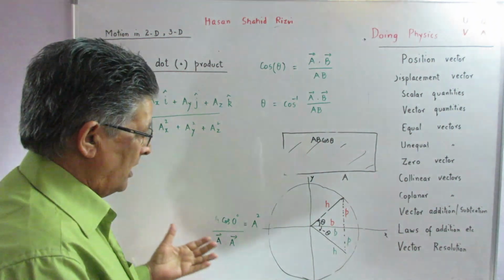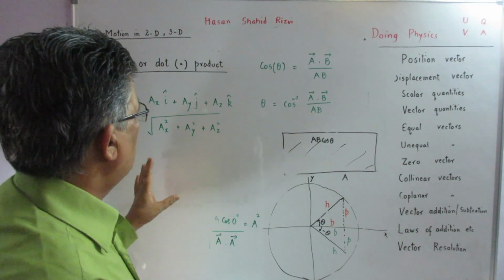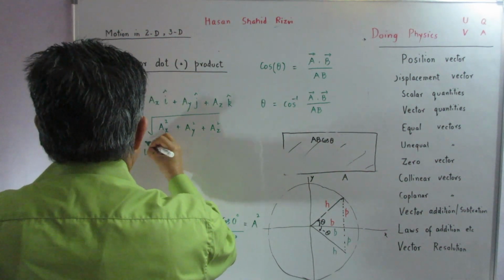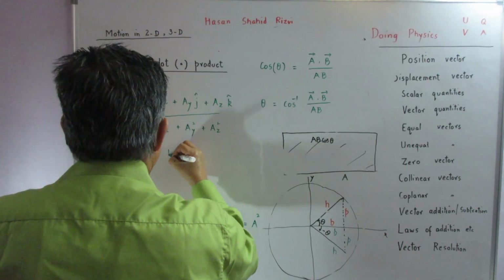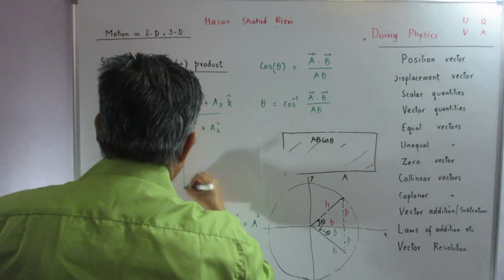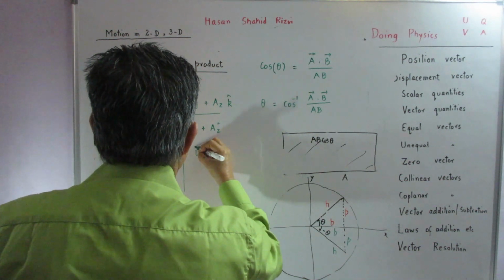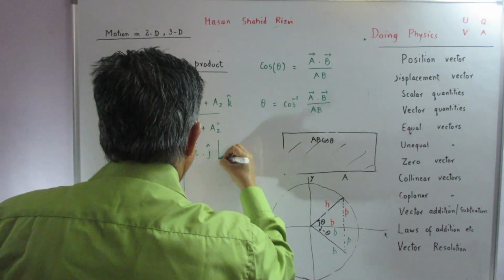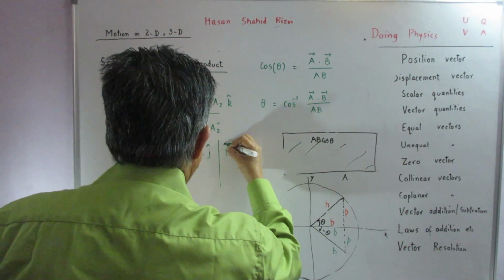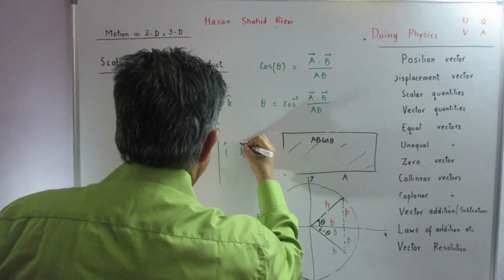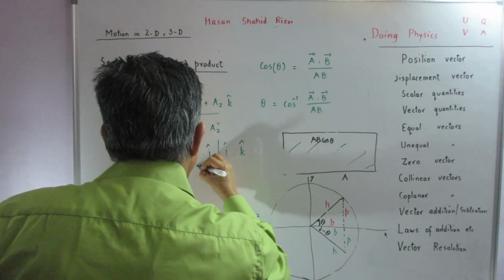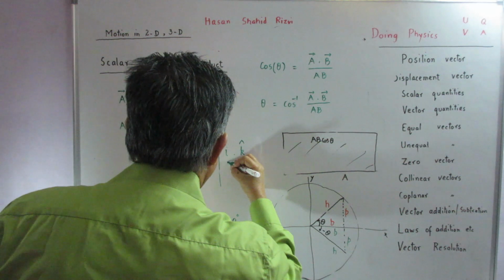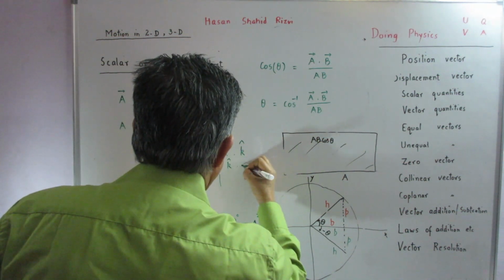Okay, something I'll tell you numerically, and thereafter I go to tell you what is I cap dot I cap, what is I cap dot J cap, what is I cap dot K cap, or J dot I, and here K dot I cap.